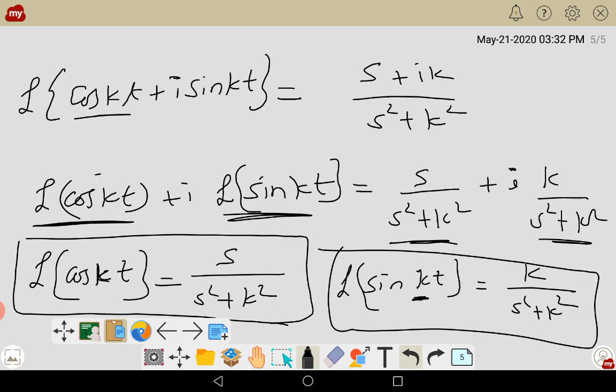When the cosine function comes, there is no constant in the numerator, only the variable s. But when there is a sine function, the Laplace transform gives you a constant in the numerator and s square plus k square in the denominator. This is the way to prove the rules. And of course there are some more rules dealing with it.